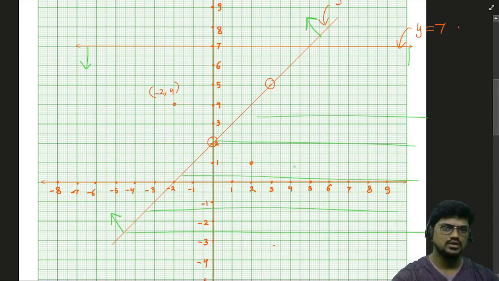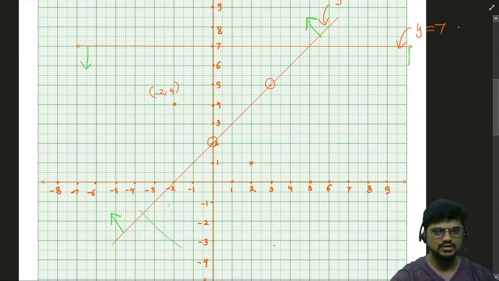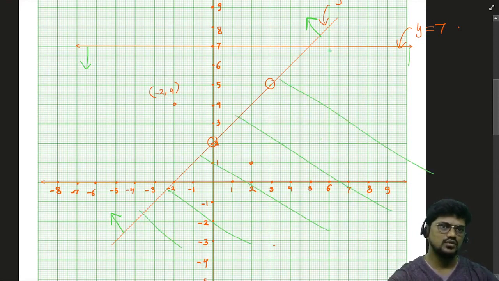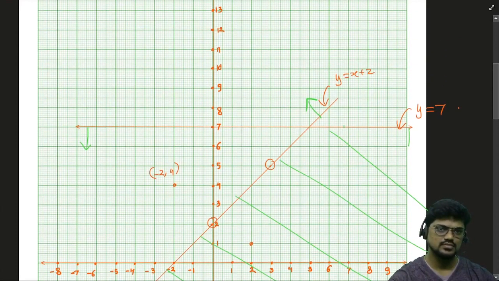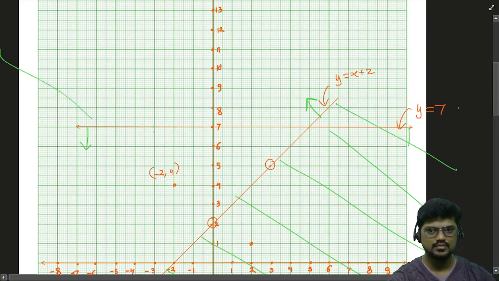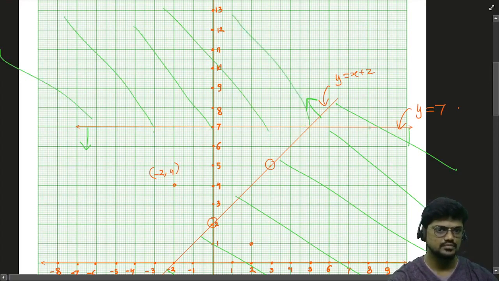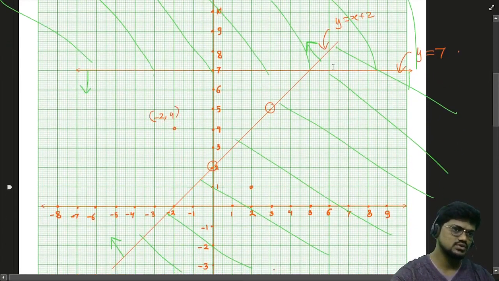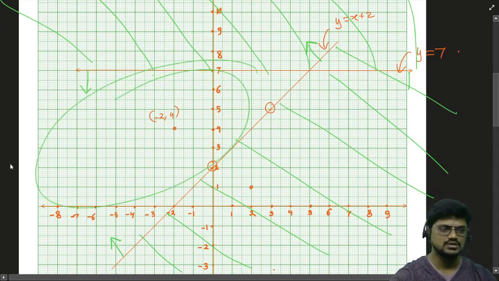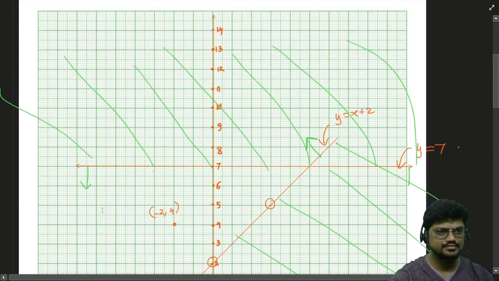This is your unwanted region. Even this will come. The whole thing will come. You can do the shading with pencil. This is your unwanted region, so your wanted region is this part. Clear? Yeah.